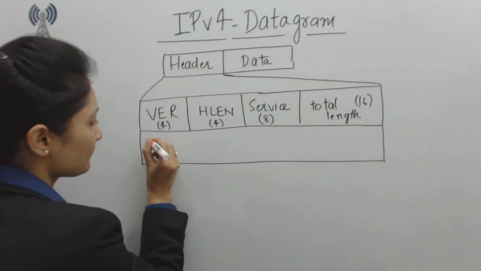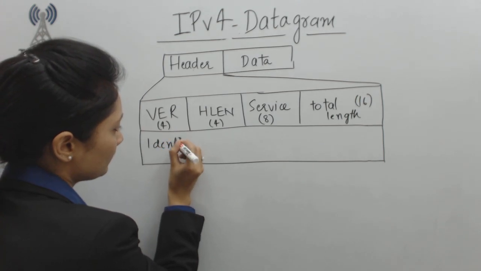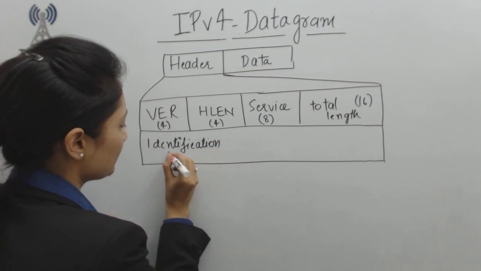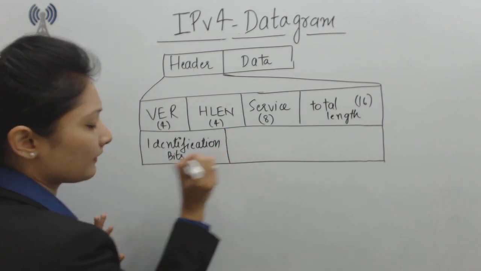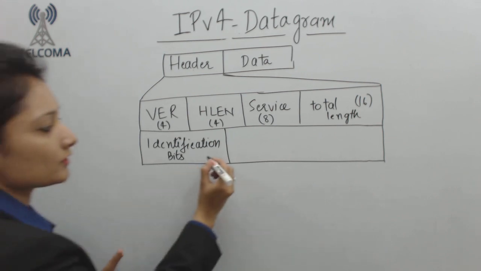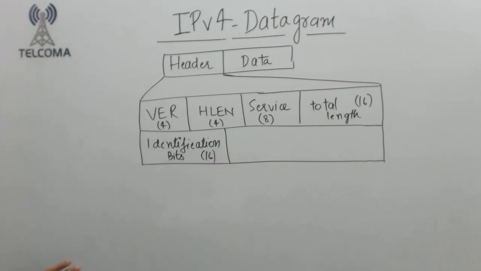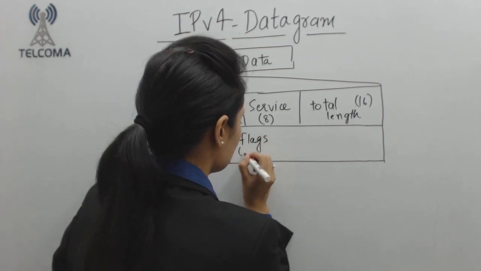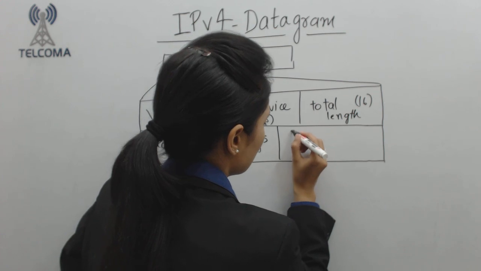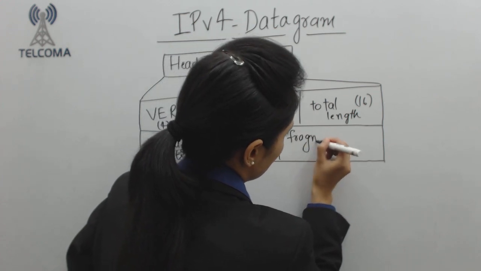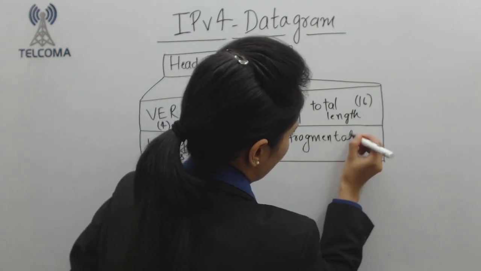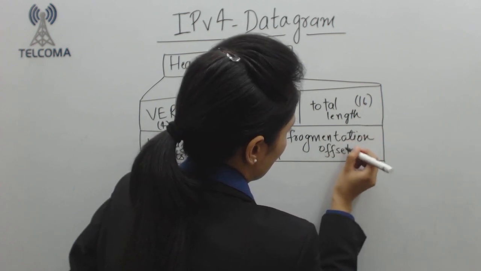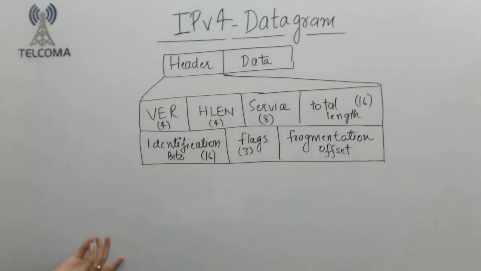The next has identification bits, which is also a 16-bit field. Then you have flags and fragmentation offset.